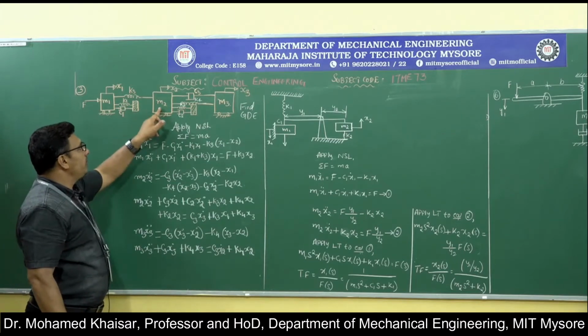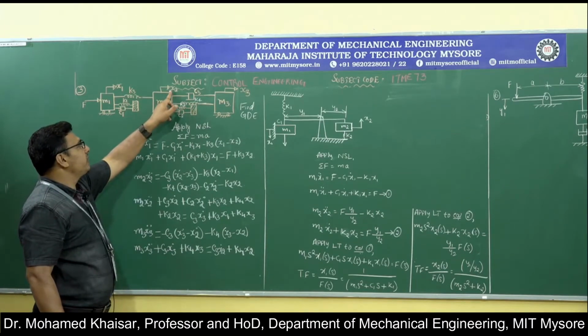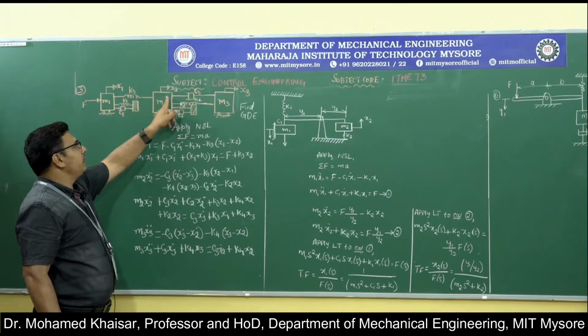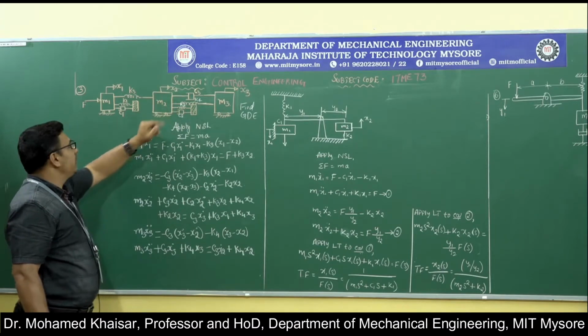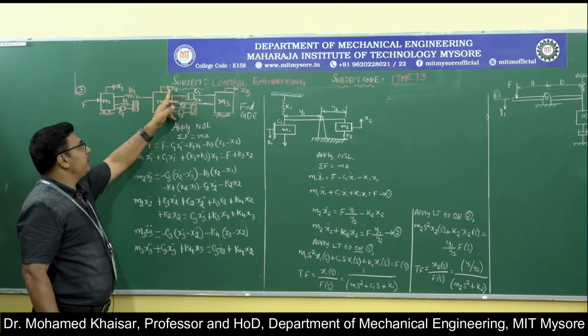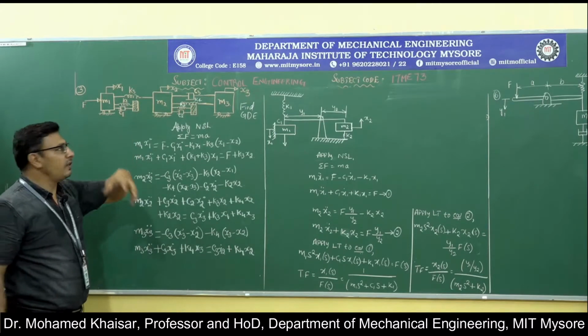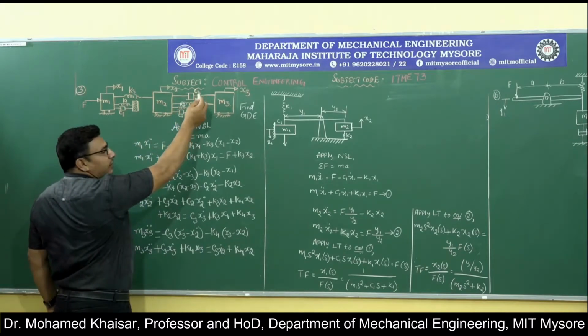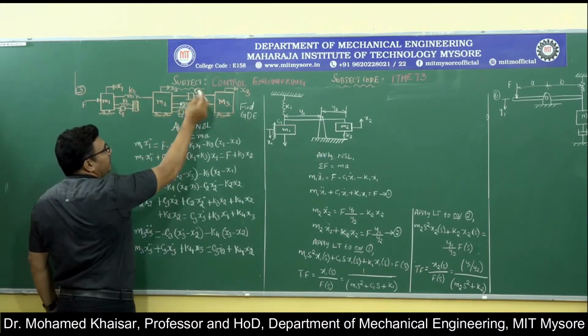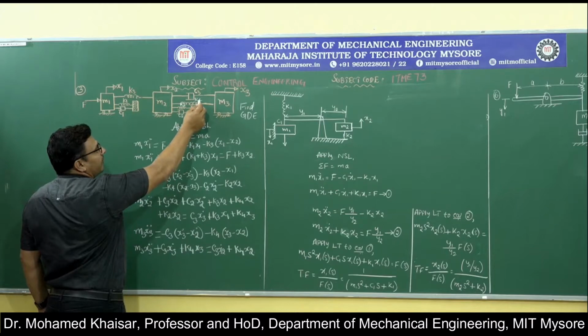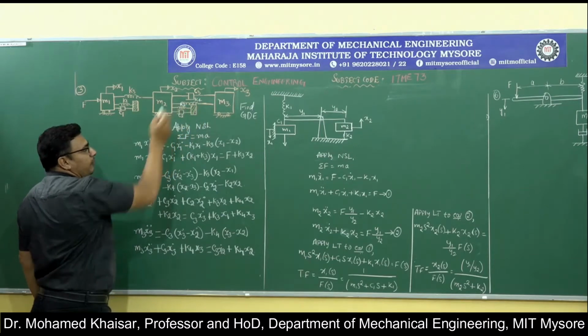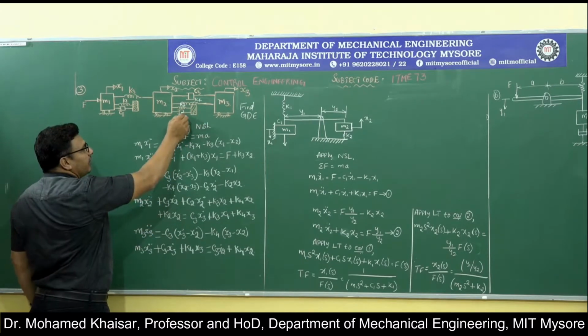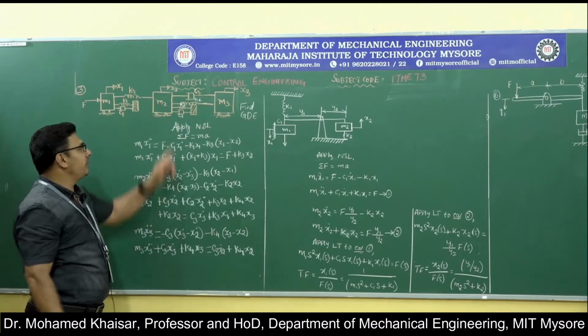Similarly, m2 is getting displaced by a distance x2. And to this m2, what all is connected? To this displacement of x2, the resistance is offered by this spring K3, this damper with damping coefficient C3, a spring with stiffness K4, a spring with stiffness K2, and a damper with damping coefficient C2.